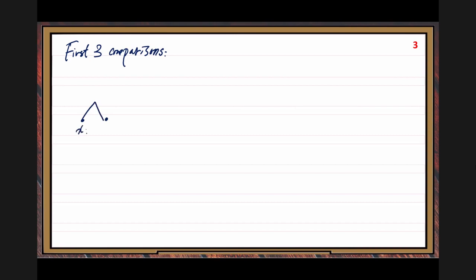X1, X2, X3, X4. Suppose X1 is the first round winner, X3 is the first round winner. Another comparison, 1, 2, 3, X1 second round winner. So after 3 comparisons, I repeat the same diagram that we had before.